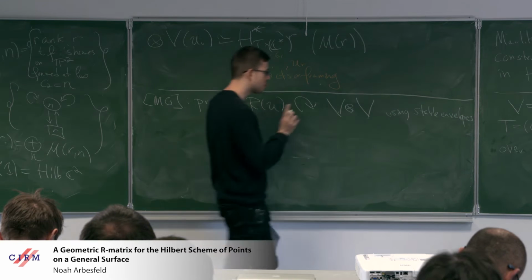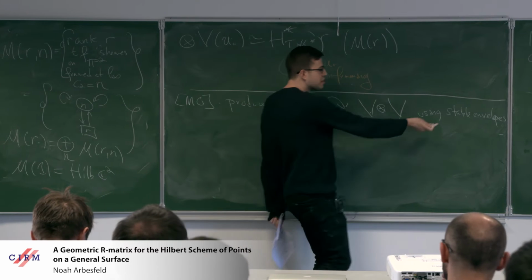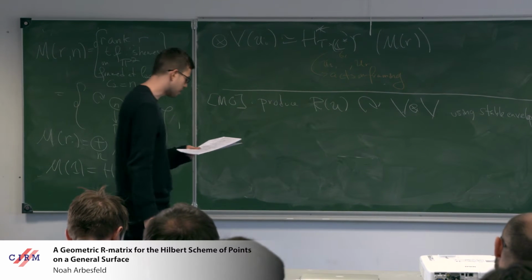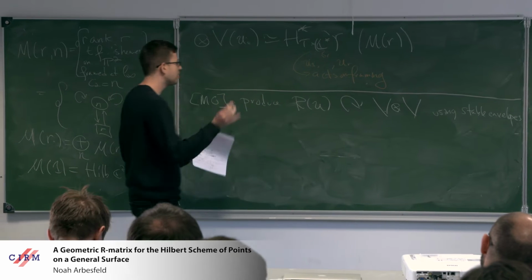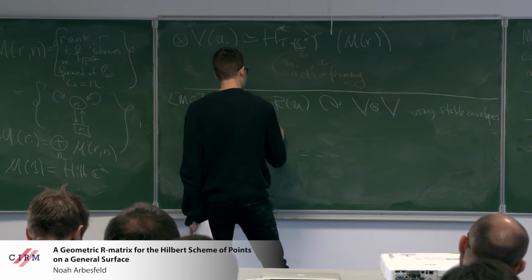So there are two constructions. The second I'll say much more about. The first I won't say as much about. It uses stable envelopes. These are the same as the stable classes that appeared in Eva's talk.